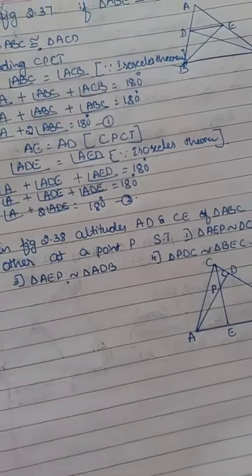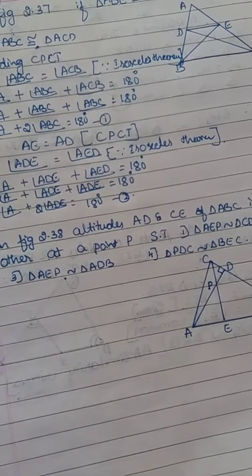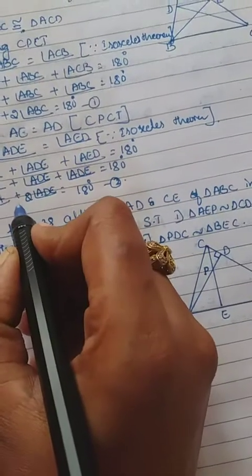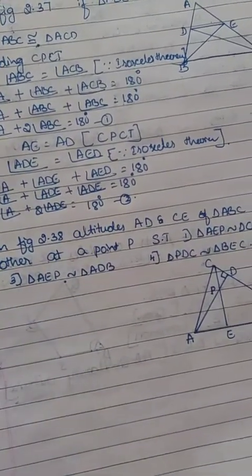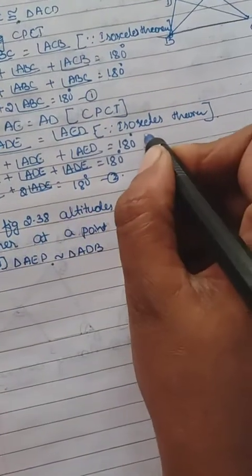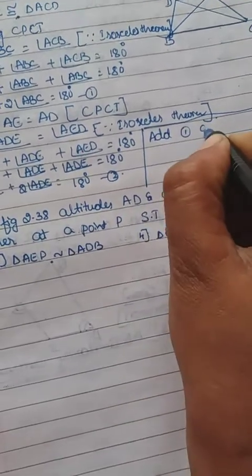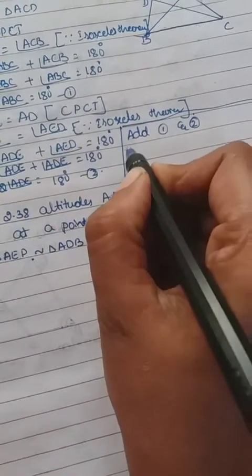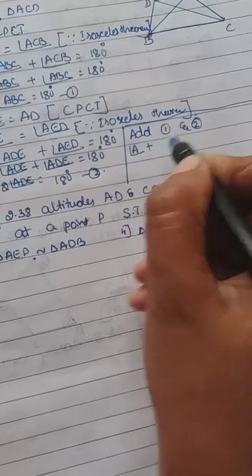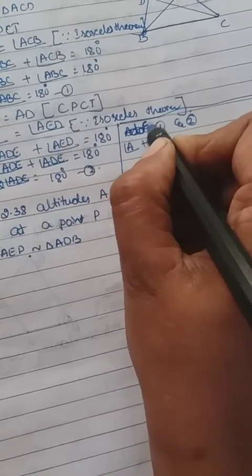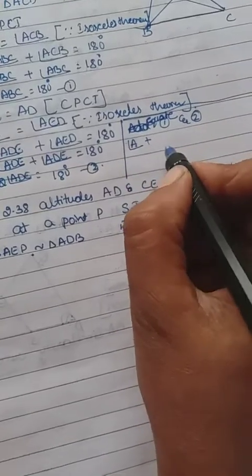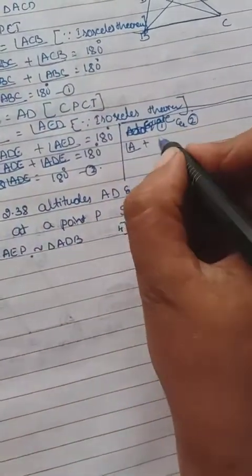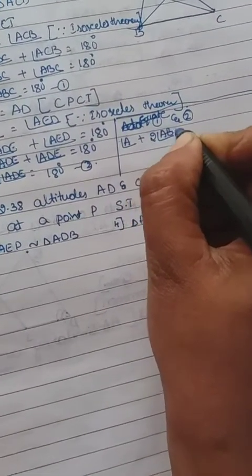Now we equate 1 and 2, not add, because the right-hand sides are equal, so the left-hand sides are equal.